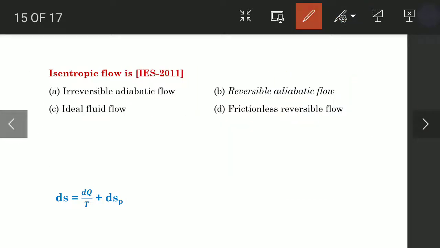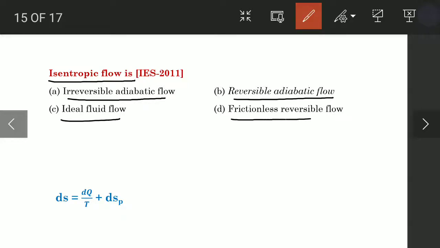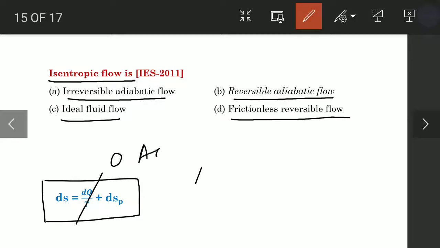Next, isentropic flow is irreversible and adiabatic flow, reversible and adiabatic flow, ideal fluid flow, frictionless reversible flow. For solving these questions, we should know this equation. Now, dQ is 0 for an adiabatic process.